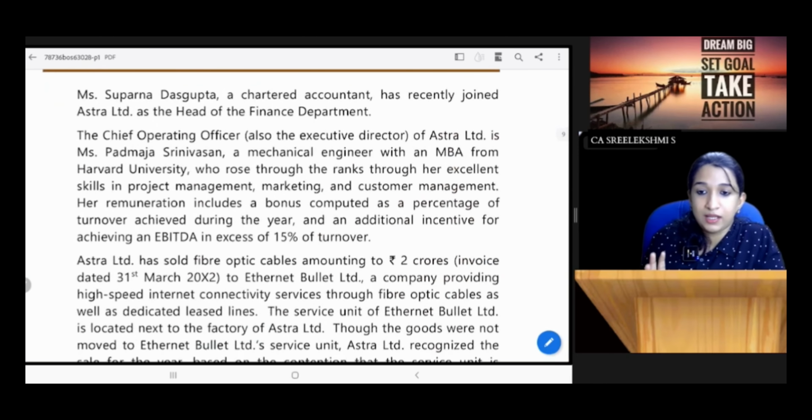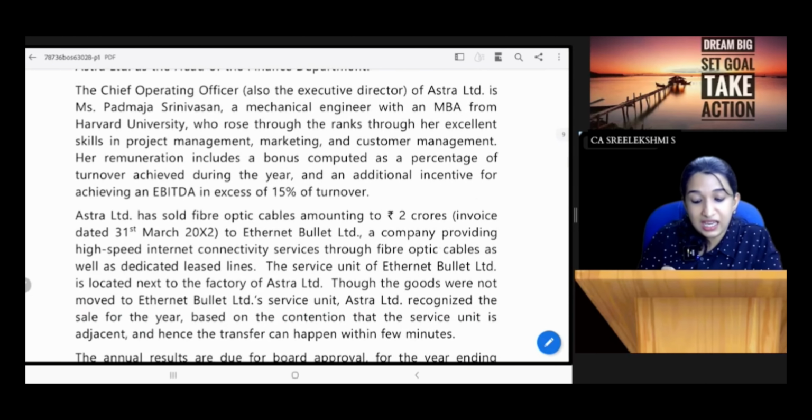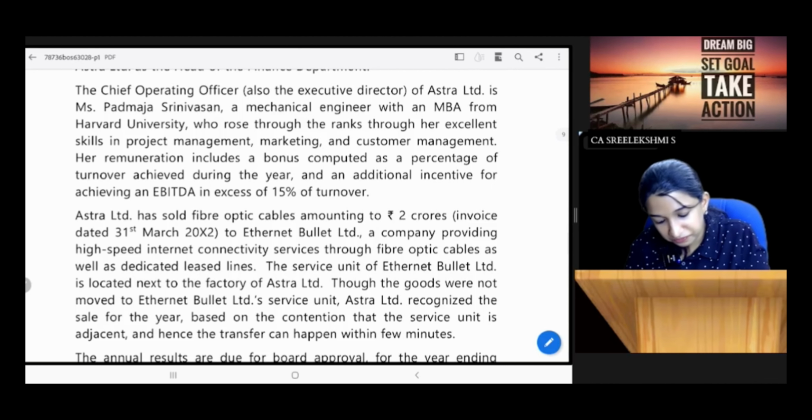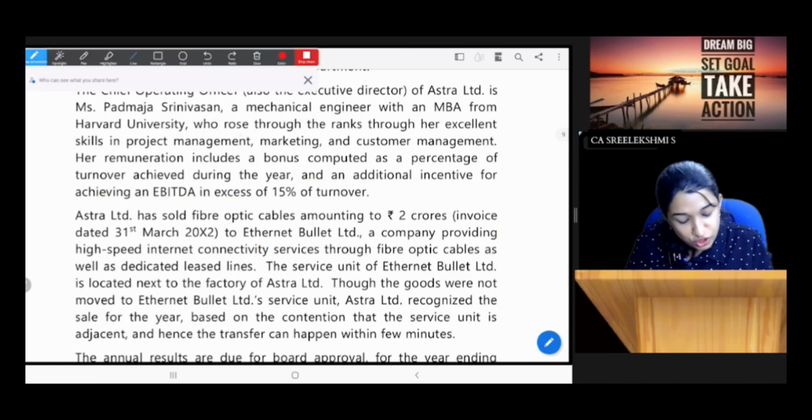Now listen. Miss Suparna Dasgupta, who is she? A chartered accountant, has recently joined Astra Limited as head of finance department. The Chief Operating Officer, that is COO, also the Executive Director of Astra Limited, is Miss Padmaja Srinivasan, a mechanical engineer with an MBA from Harvard University, who rose through the ranks through her excellent skills in project management, marketing, and customer management.